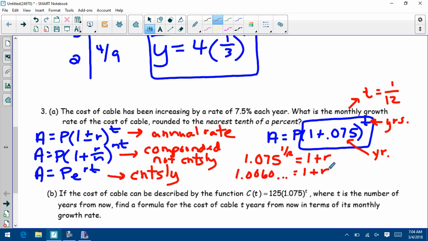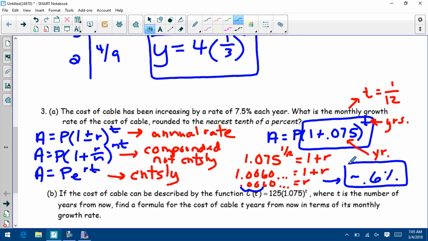And when I subtract 1, I'm just going to have 0.0060 equals R. We can move that decimal place 2 to the right. That's 0.60, so that means it's about a 0.6%. So it says 0.6% monthly increase.